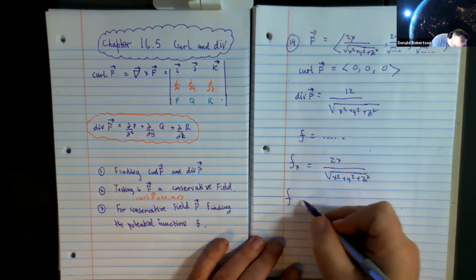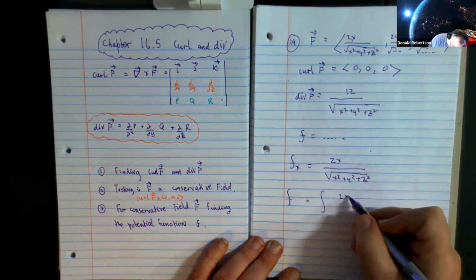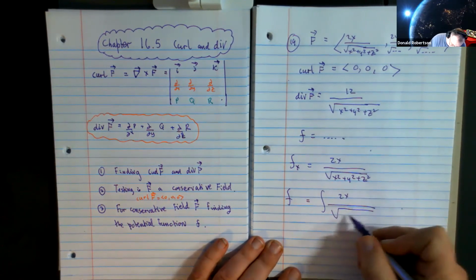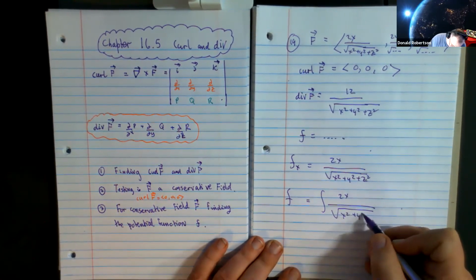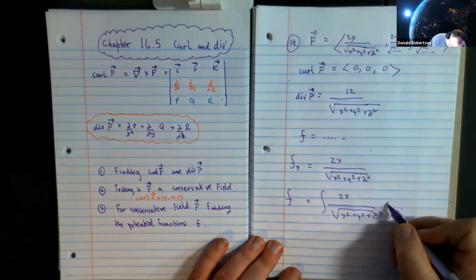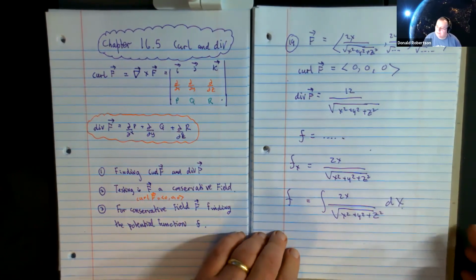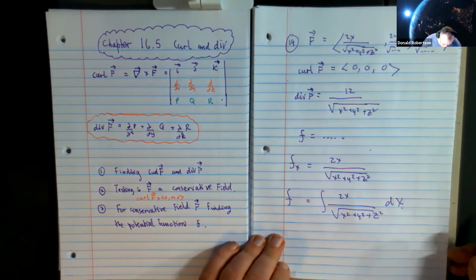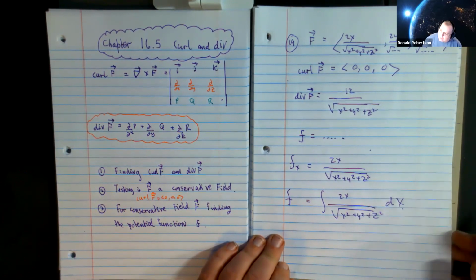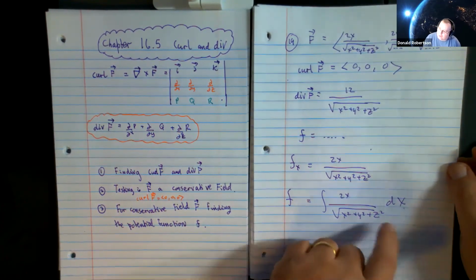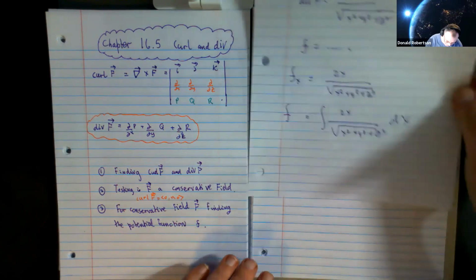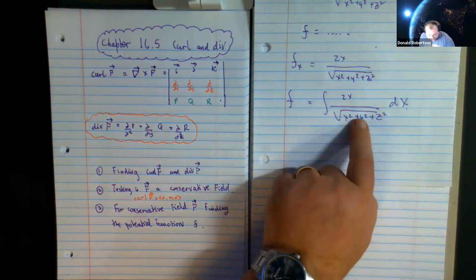To get f, one, I have to integrate this mess. Do you know, I've changed my mind yet again. Let's go for it. At least I'll do one of them, right? How would you integrate that?